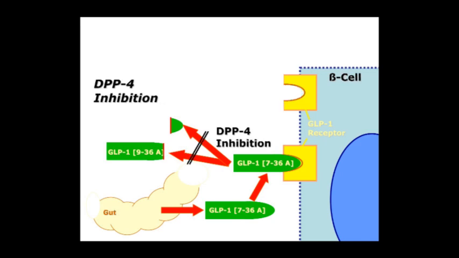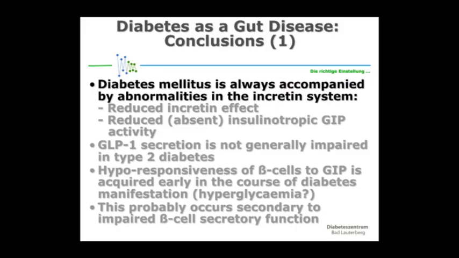And we can inhibit DPP-4, which means for the same amount of GLP-1 secreted after meals, more remains in the active state and can stimulate insulin secretion and do all these other things that GLP-1 does as long as you keep DPP-4 activity low.